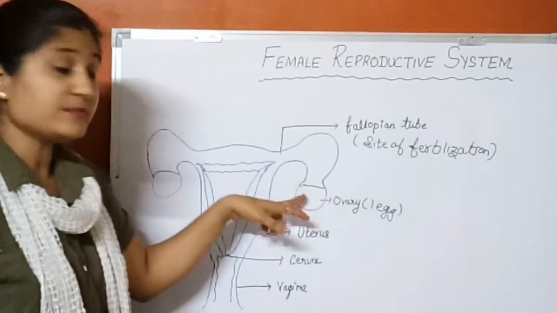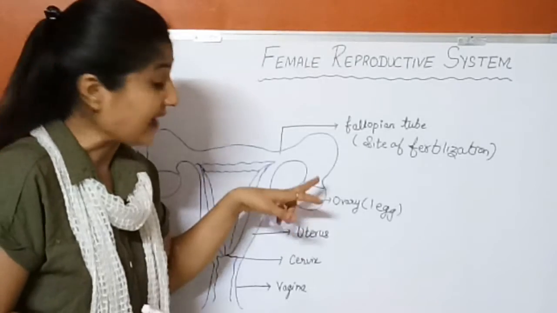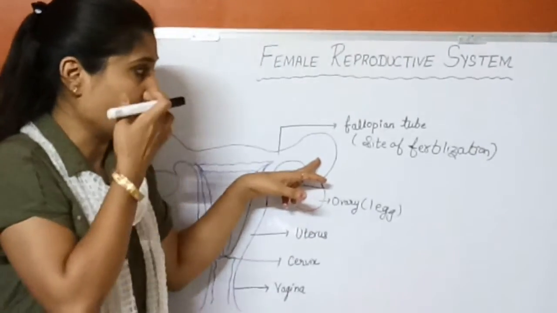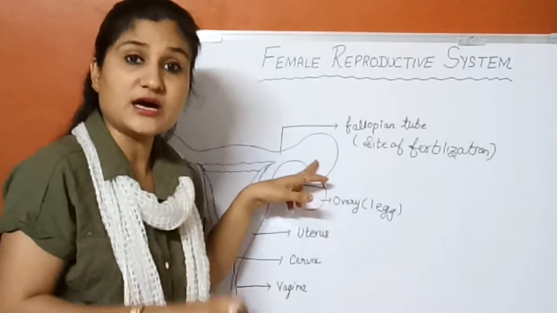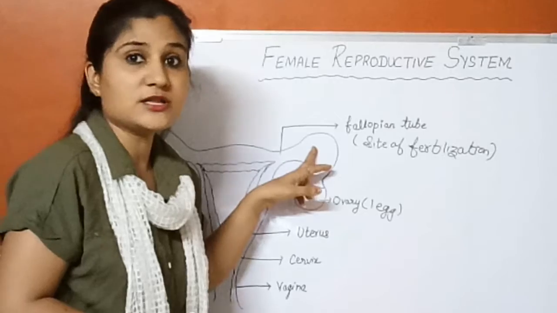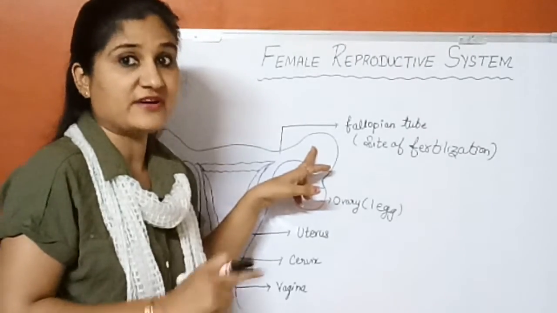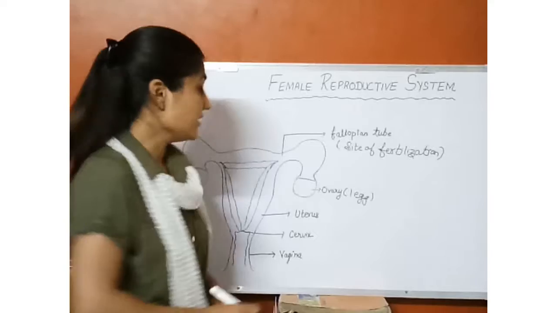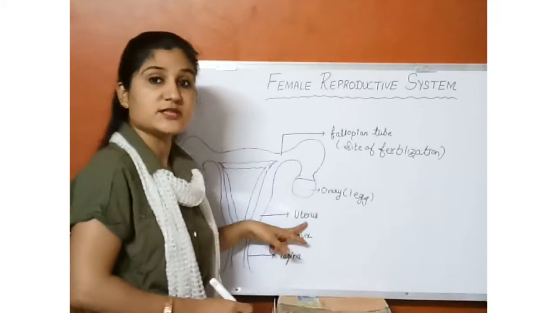Now every month the ovary produces an egg, and that egg is transferred to the fallopian tube. Now if fertilization occurs, the egg fuses with the sperm. If fertilization does not occur, it moves to the uterus. Now the next important part is the uterus.